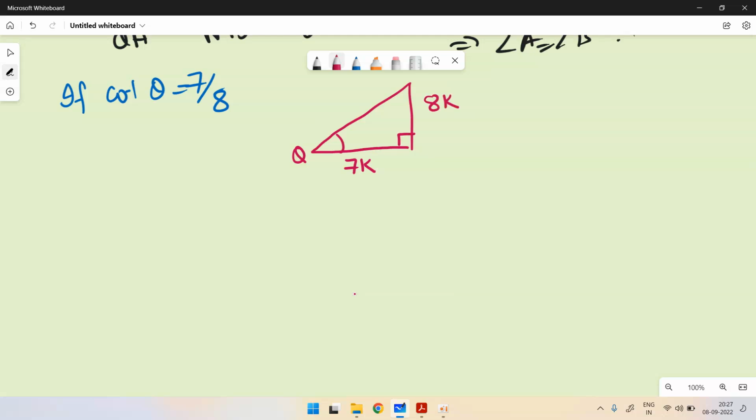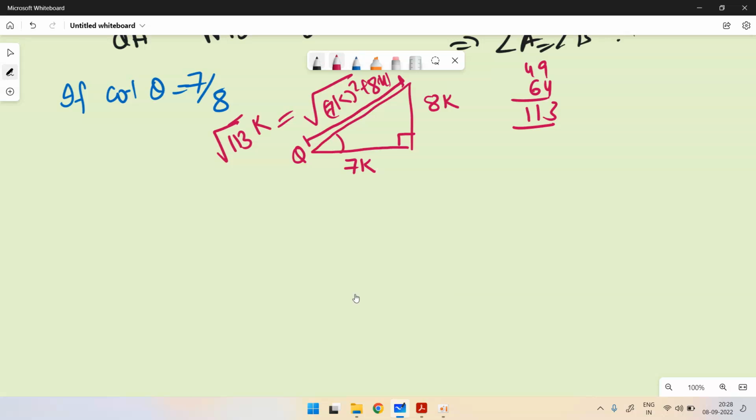If you calculate the hypotenuse, this will be the square root of 7k square plus 8k square, which is nothing but 49 plus 64, which is 113, so the square root of 113 k.